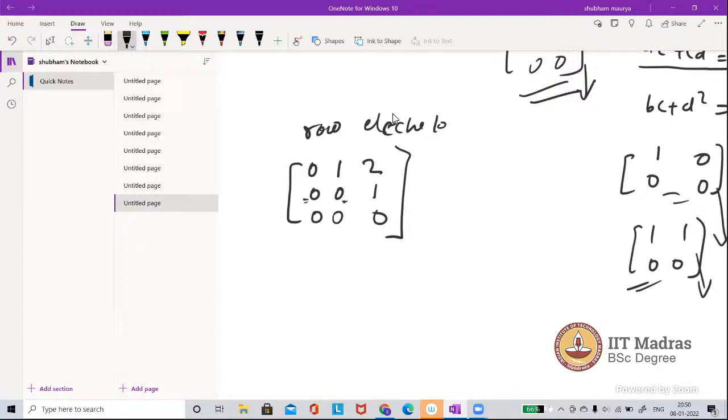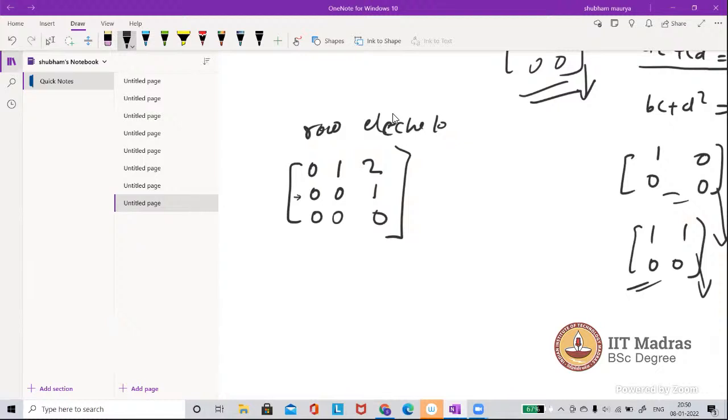Yes, sir. So that is the pivot. So A12 is the pivot element, and all the elements below that are 0. Correct? Yes, sir. Then come to the second row. For the second row, in the third column, the pivot element is again 1. All the elements below that are 0.